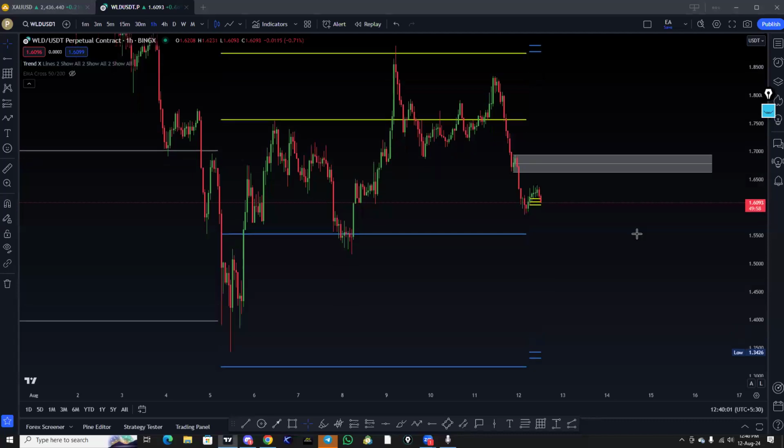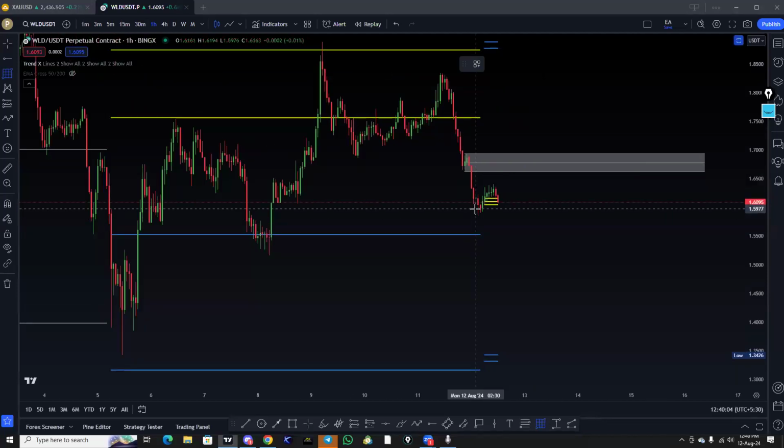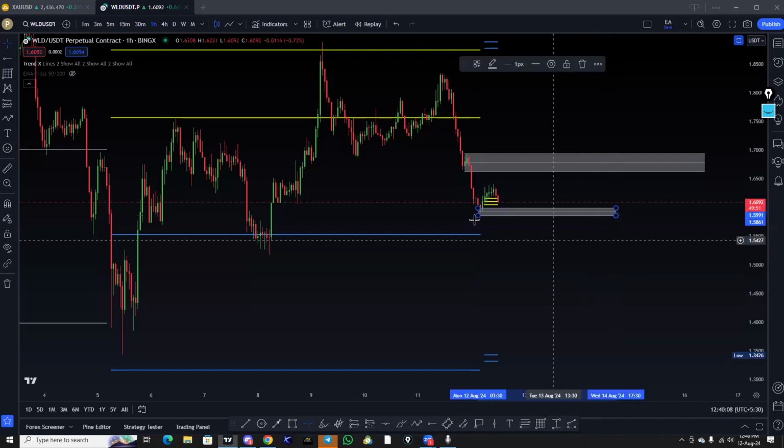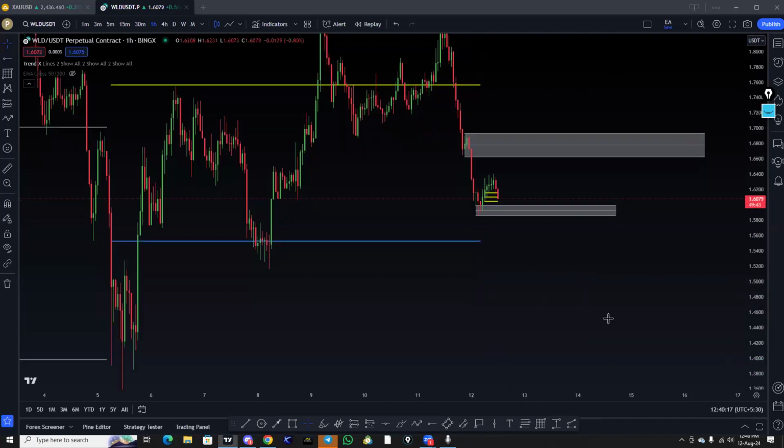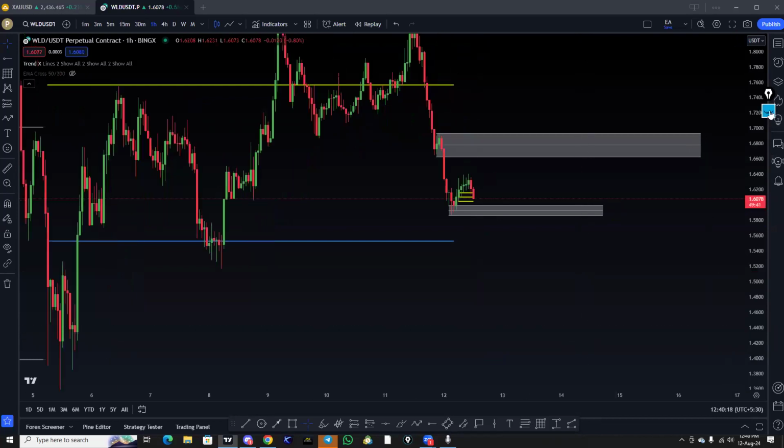Remember, first we'll mark this zone because this is our recent low. We'll wait for it to drop like this. It has to break the previous low, and after a retest, we will try for short positions.